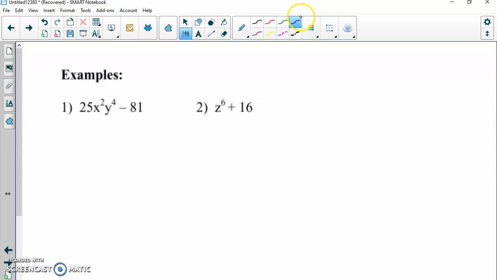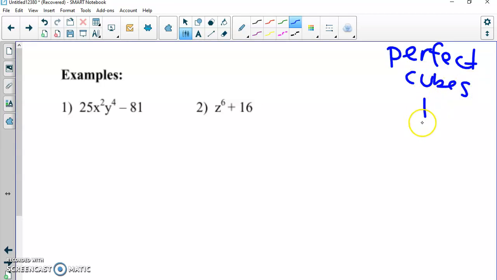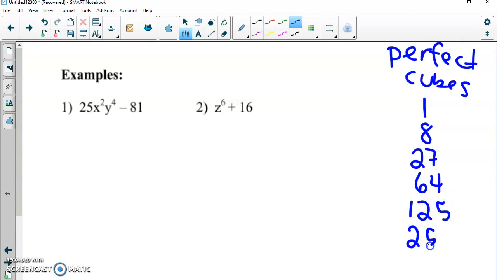Off to the side here, let's write perfect cubes down, so we have them fresh in our mind. 1 cubed is 1, 2 cubed is 8, 3 cubed is 27, 4 cubed is 64, 5 cubed is 125, 6 cubed is 216, 7 cubed is 343, and that's all I have memorized or room for right now. So those are perfect cubes.